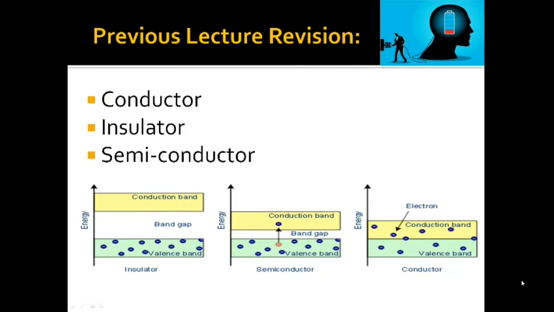Now the middle one, which is the semiconductor. You can see there is an energy band gap, but it's small. The energy band gap stops it from conducting electricity in its natural state.